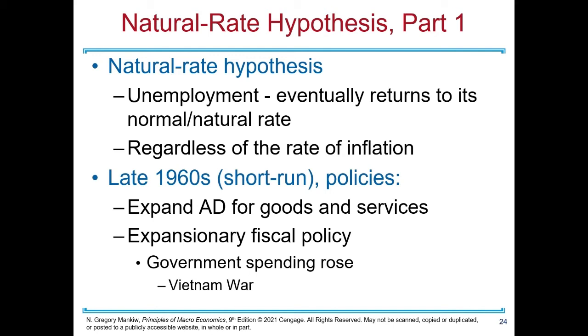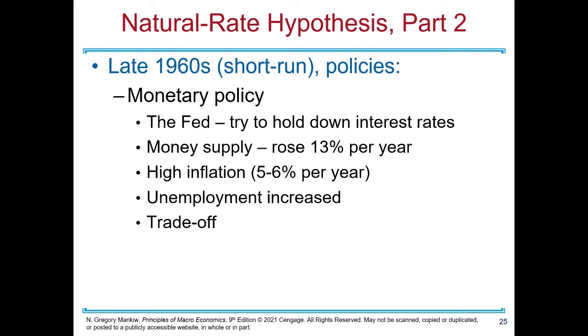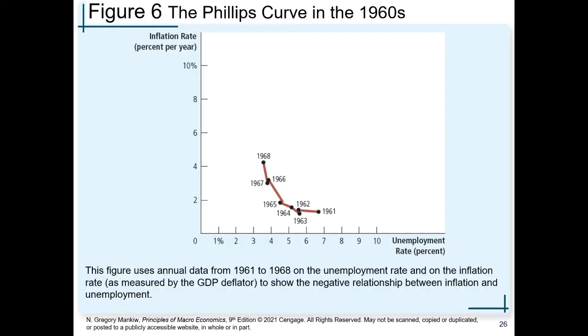figure 7, which we're going to look at in a second, shows by 1970, the relationship broke down. So we start at 1961, and I know it kind of goes right to left, but that's the reason why, the axes are built the way that they are.